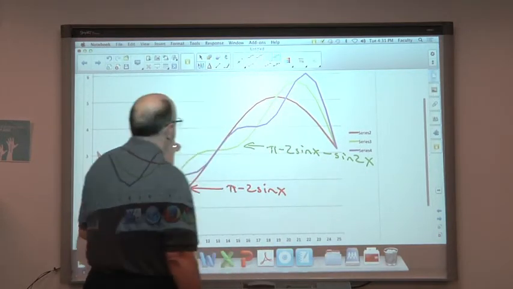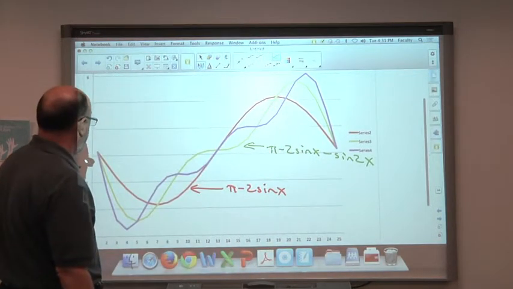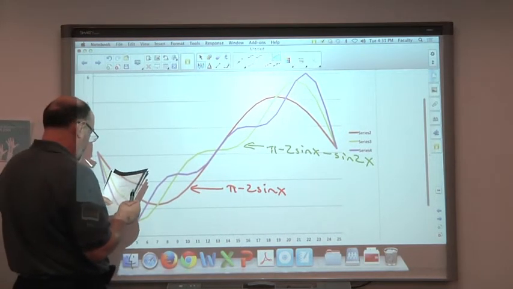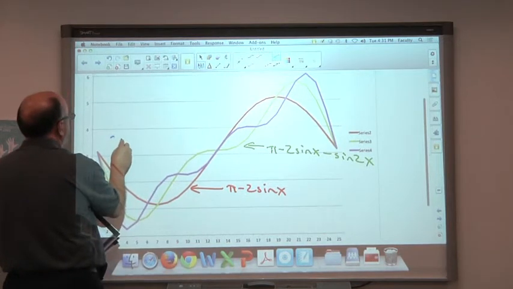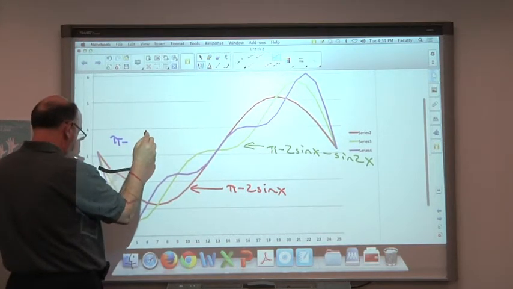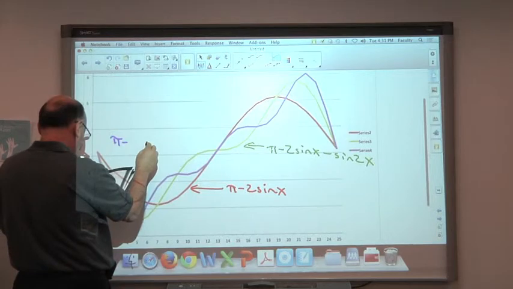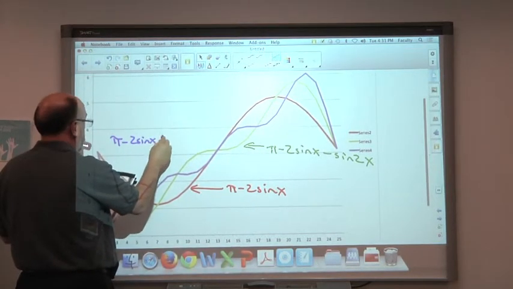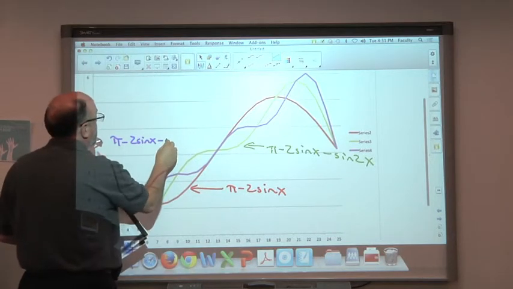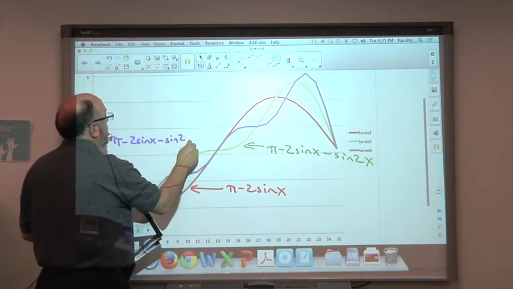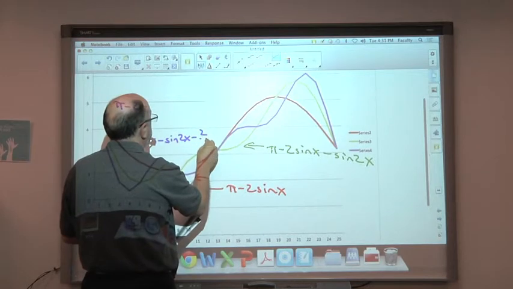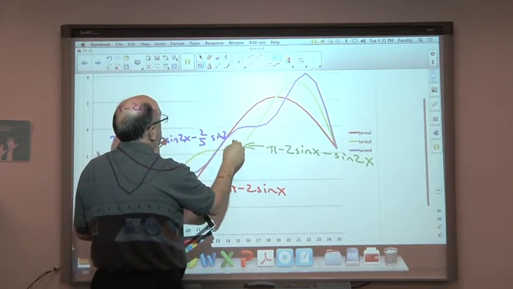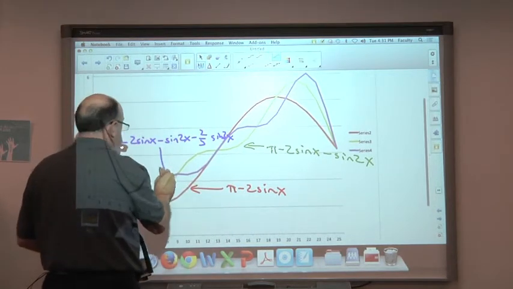And then lastly, the purple, okay, is what happens when I do the first number of terms. So this is pi minus 2 sine x minus sine 2x minus 2/3 sine 3x.